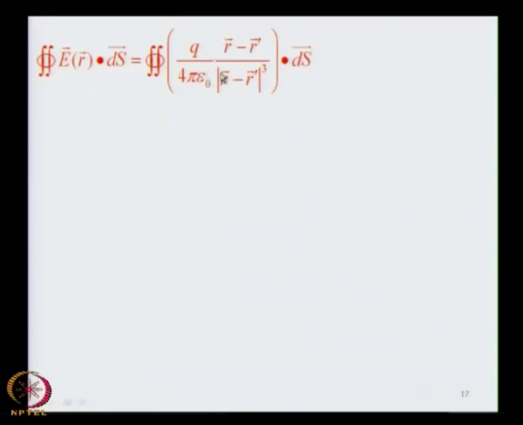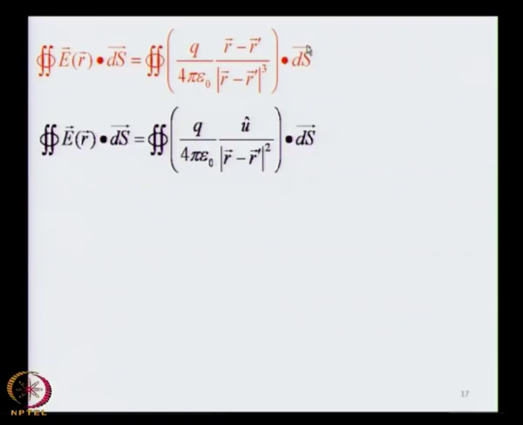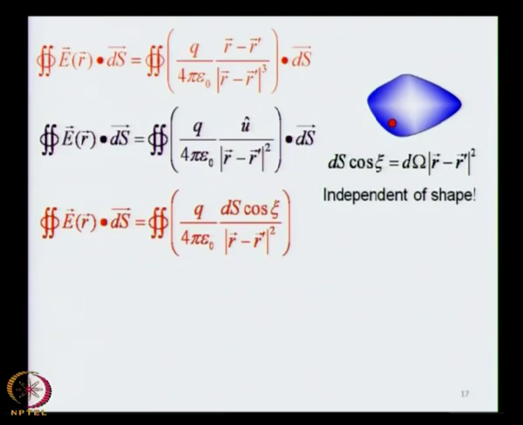Then this goes as the Coulomb's 1 over r square law dotted with the surface element. But what we do know is that this surface element ds dot u, which is coming from here, is given by this ds cosine xi.